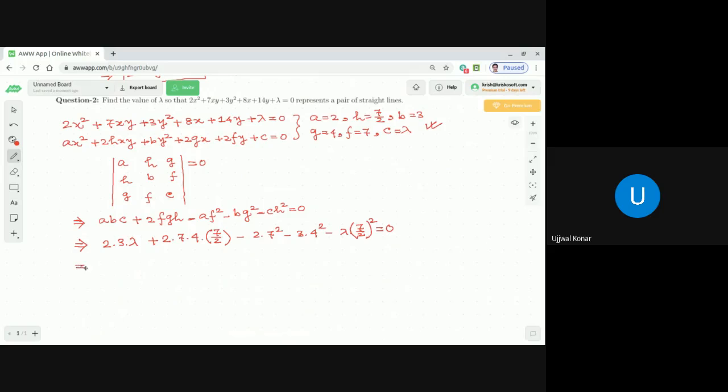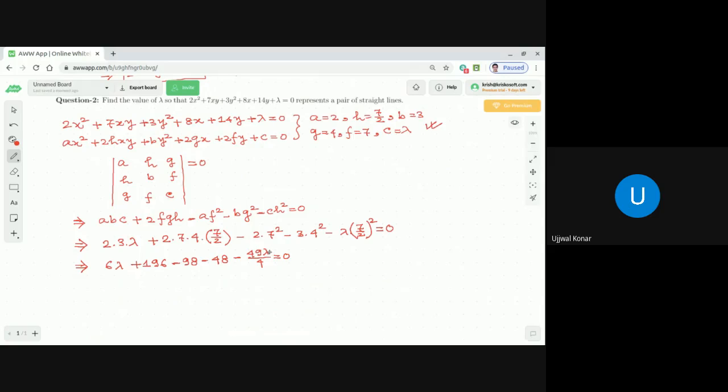Now if we simplify further, dear students, what we are going to get, you will get something like this: 6 into lambda plus 196 minus 98 minus 48 minus 49 lambda by 4, minus 49 lambda divided by 4 is equal to 0.